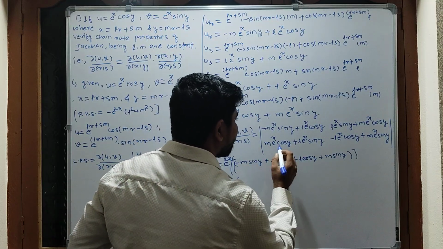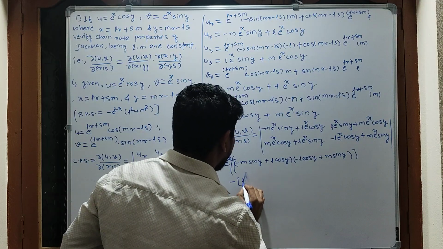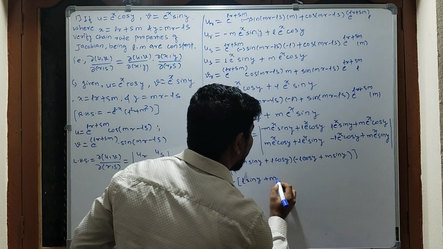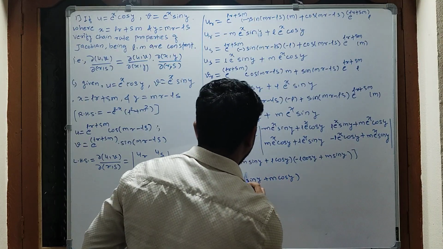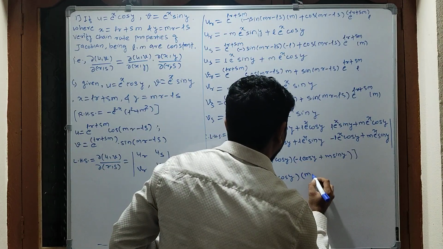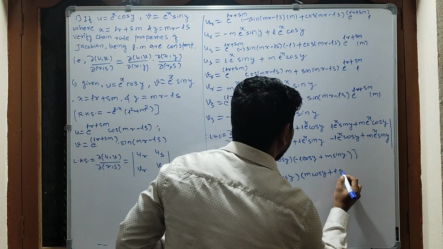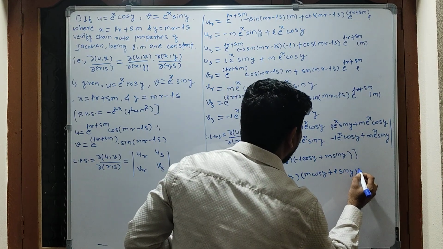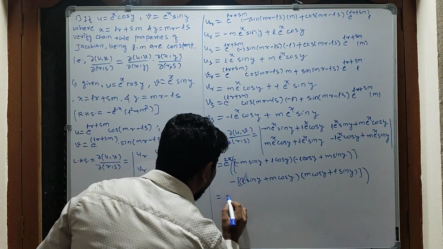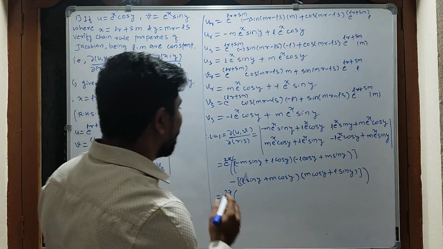The second bracket is l sin y plus m cos y into m cos y plus l sin y. So this is the whole big bracket, equal to e to the power 2x times the big bracket. Now first solve the first two brackets.